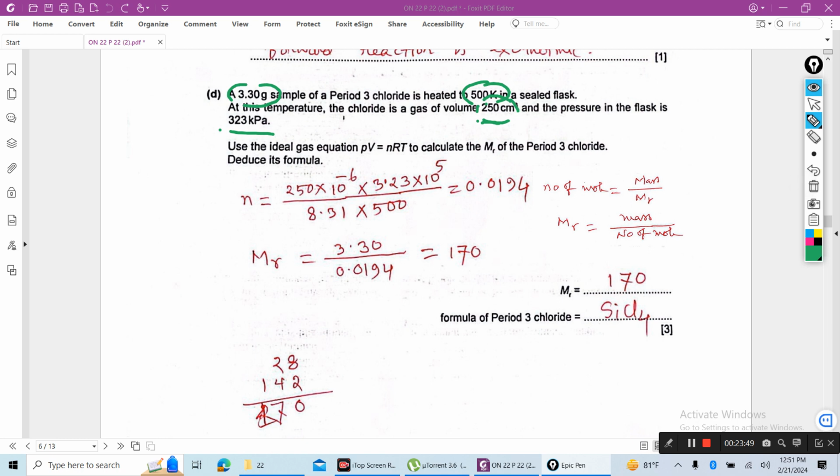Use the ideal gas equation PV equal nRT to calculate Mr, the relative molecular mass of the period 3 chloride. Deduce the formula also.